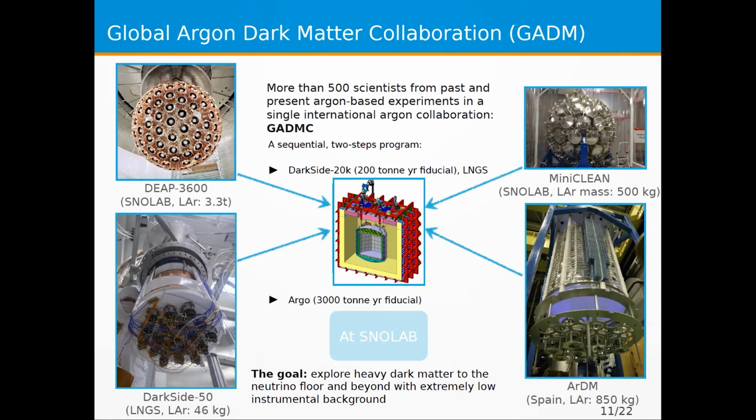It will be built in the same place where all of the other detectors were built before. But there is also a next detector on the horizon, ARGO, which will have around 300 tons of liquid argon. This in turn will be built in SNOLAB, but that is probably a perspective a couple of years from now.